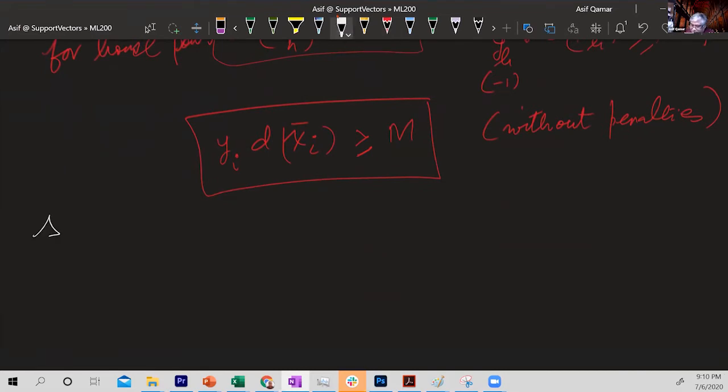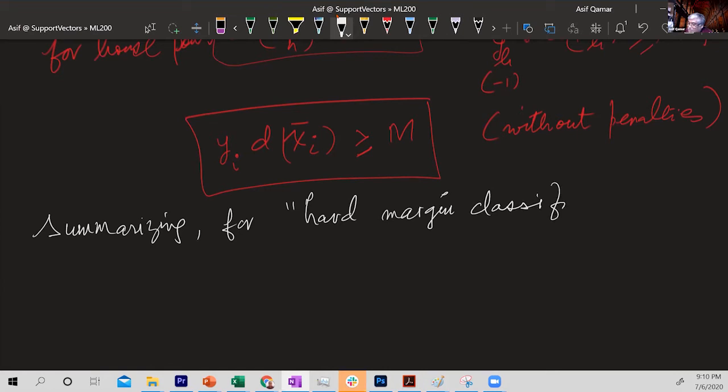So summarizing, let us write all the constraints. I will use the word hard margin classifier.